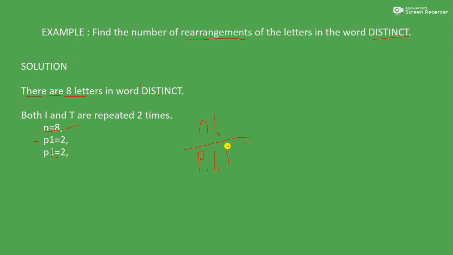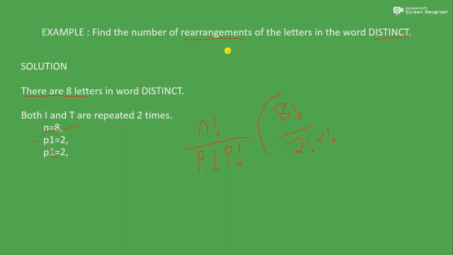Here n equals 8, so we have 8 factorial divided by 2 factorial and 2 factorial. You can solve this equation by yourself and find the total number of rearrangements of the word.